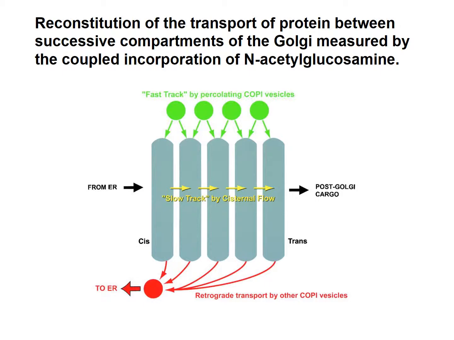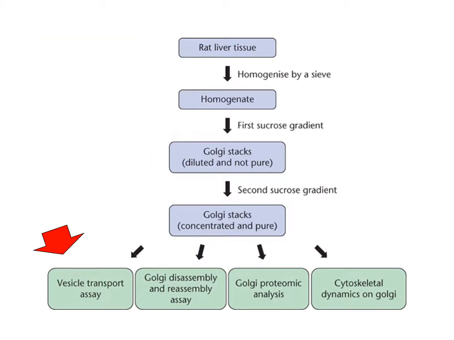Okay. So this is a concept map, starting with rat liver. You homogenize by a filter or sieve. You get the homogenate.